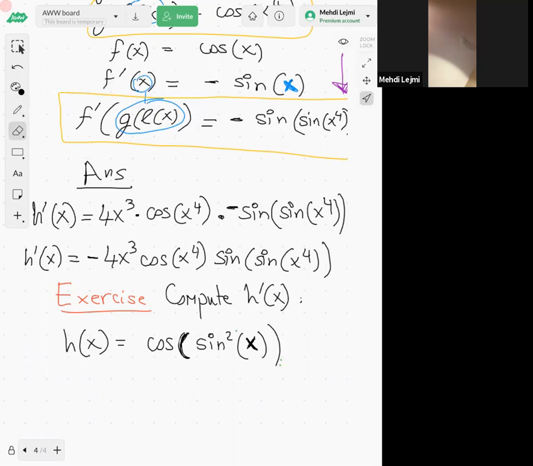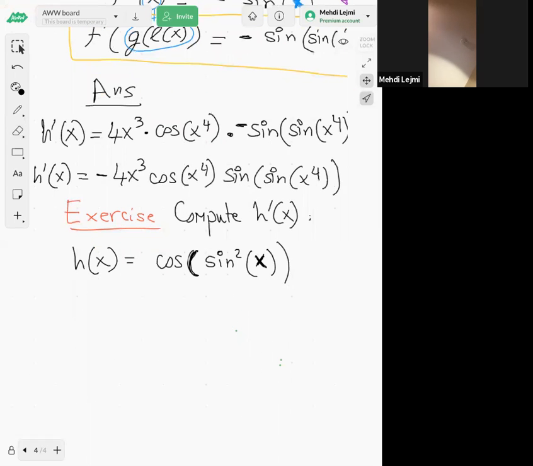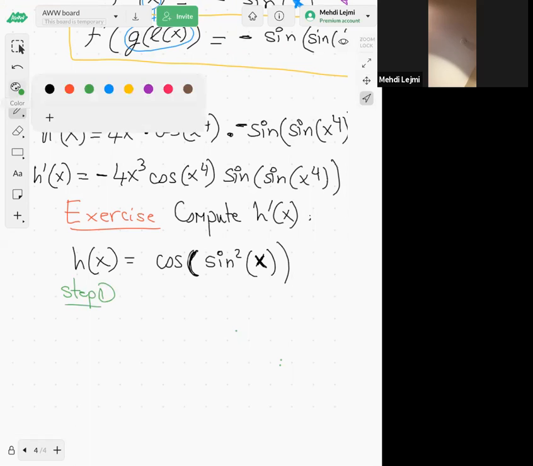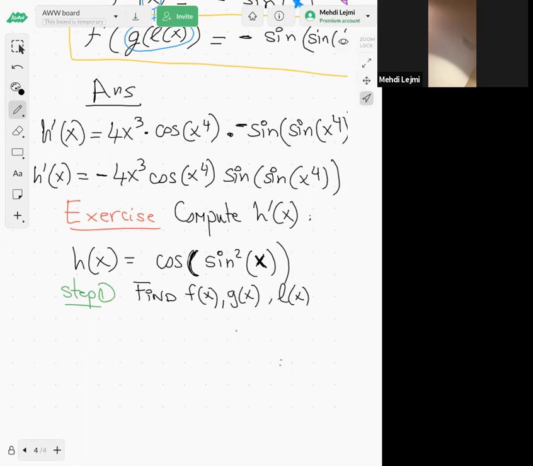So basically, guys, there are 2 steps. Step 1, you need to find f, g, and L of x such that h is equal to f of g of L of x, right?